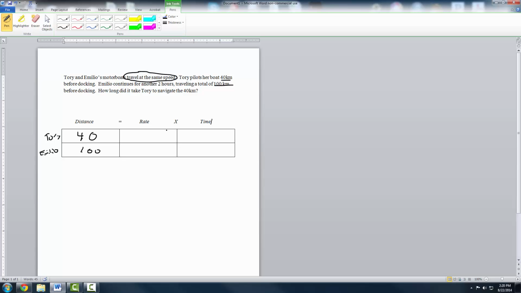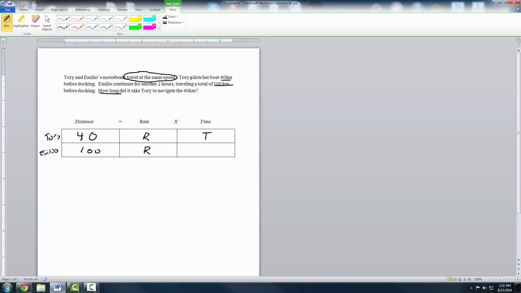So since we don't know, we can just put R for Tori's rate. And since they're the same, we can put R for Emilio's rate. Since they are the same, we could use the same variable. Now, we also don't know how long it took them. In fact, that's what they're actually asking. How long did it take Tori to navigate those 40 kilometers? So we don't know Tori's time, t. That's what we're solving for.